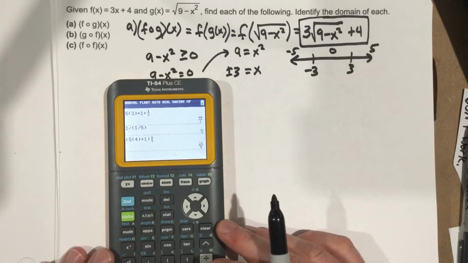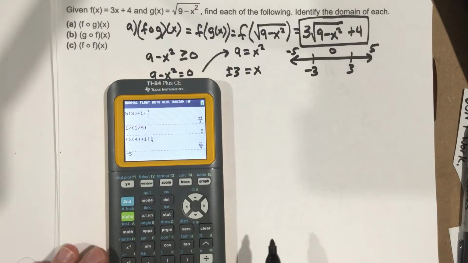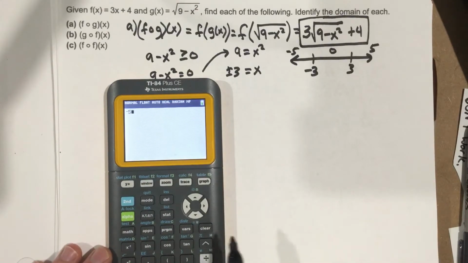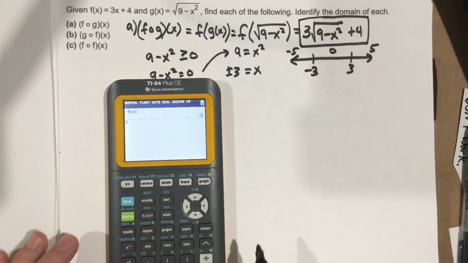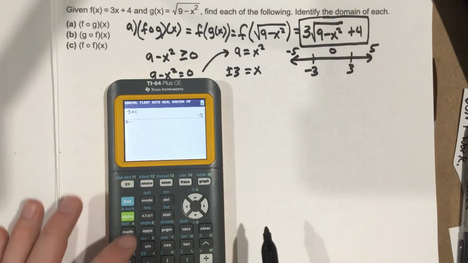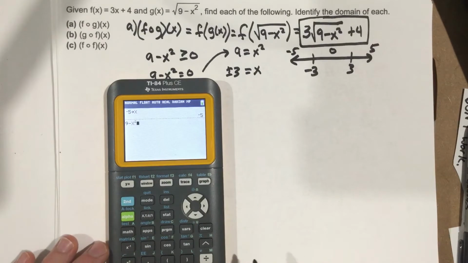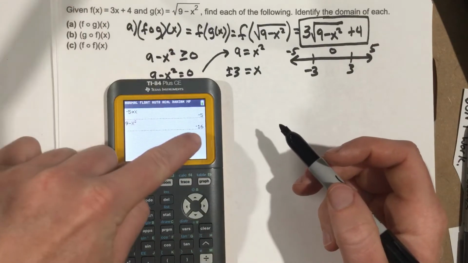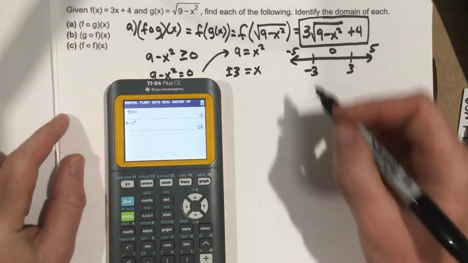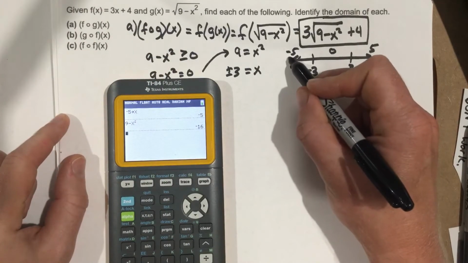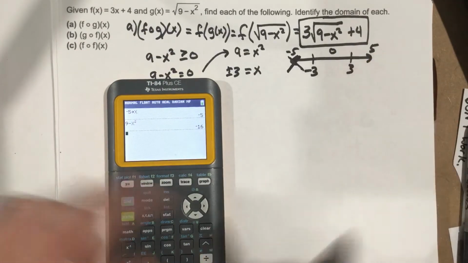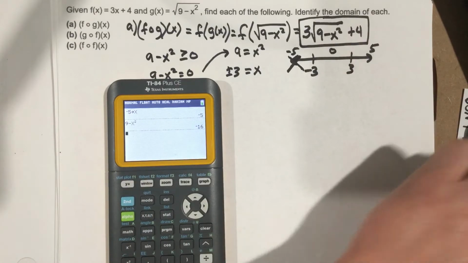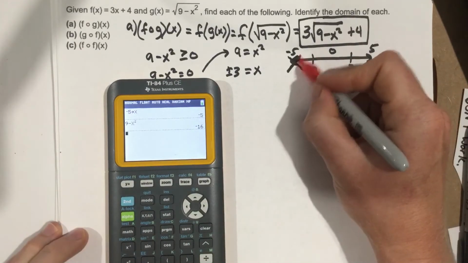So all I've got to do is take -5 and store it as x, and then write in 9 minus x squared. If it's greater than 0, it works, but it's not. It's -16, which is less than 0. So this area does not work. I'm going to X that out. I'll use a different color so we can see it's a little different.